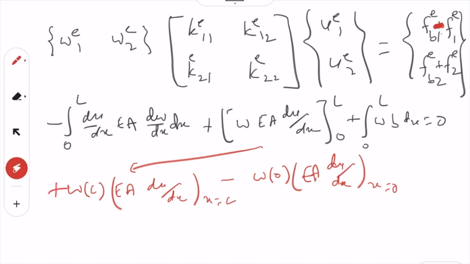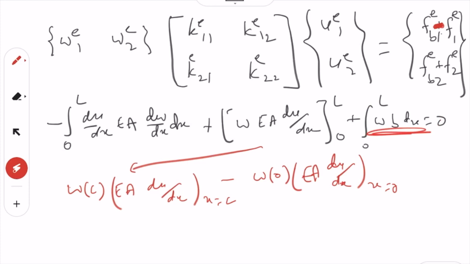Here it is positive, here it is negative. Hence, automatically one will be negative, one will be positive. Which one is negative? Well, negative, you have to look at with respect to this other force.